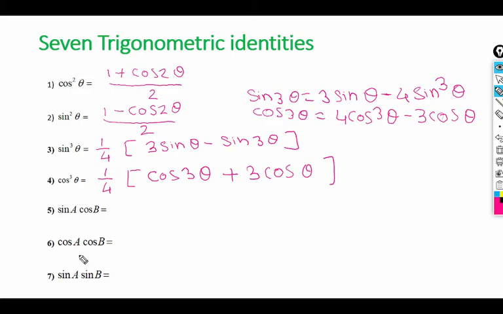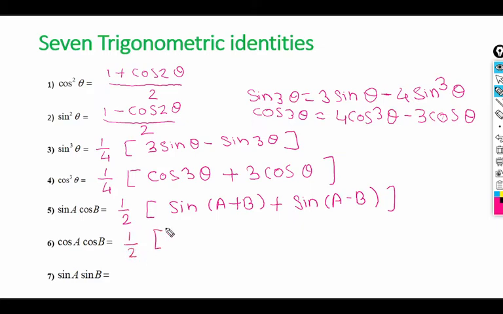The last three are from the defactorization formulae, where we write multiplication of trigonometric functions as additions. So sine a cos b is 1 by 2 times sine of a plus b plus sine of a minus b. Next, cos a cos b is 1 by 2 times cos of a plus b plus cos of a minus b.